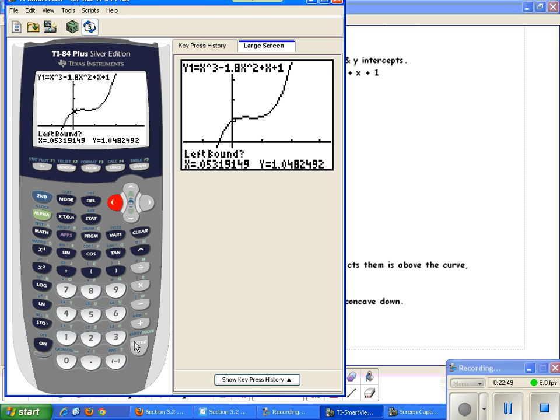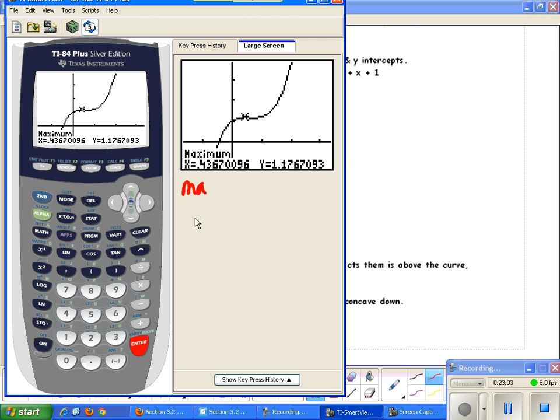So I'm just going to scroll somewhere to the left, hit enter, and somewhere to the right, about that same value, enter, and then enter. So it looks like we have a maximum value right here. So maximum would be 0.4367, comma 1.1767.